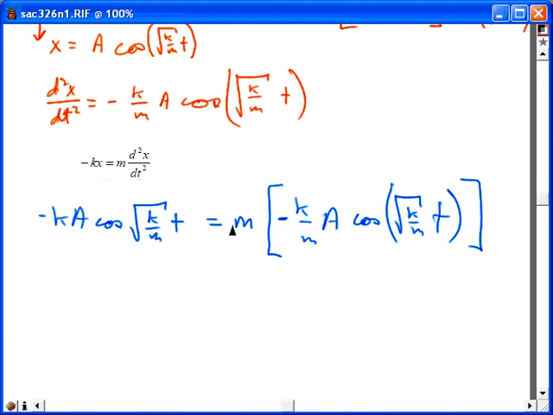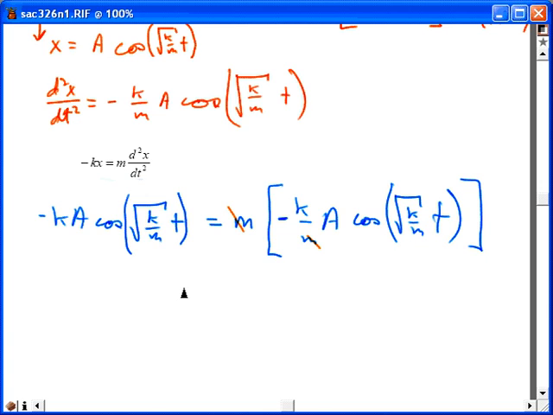And let's see, I'll go ahead and cancel out the m's there. On this side I get minus ka times the cosine of root k over m times t. That's equal to minus k times a cosine square root of k over m times t.